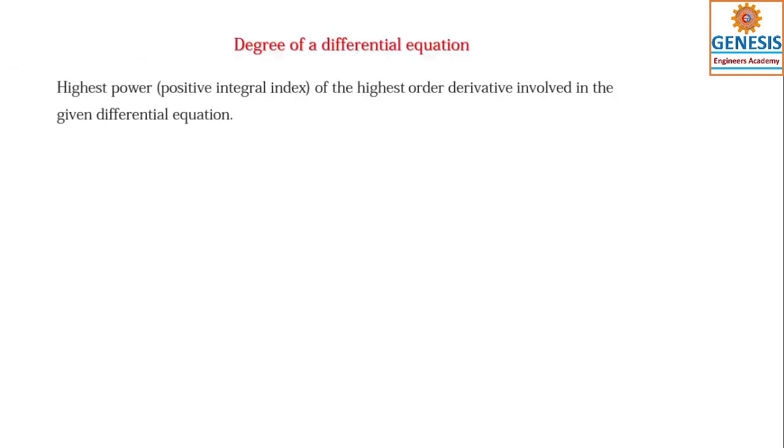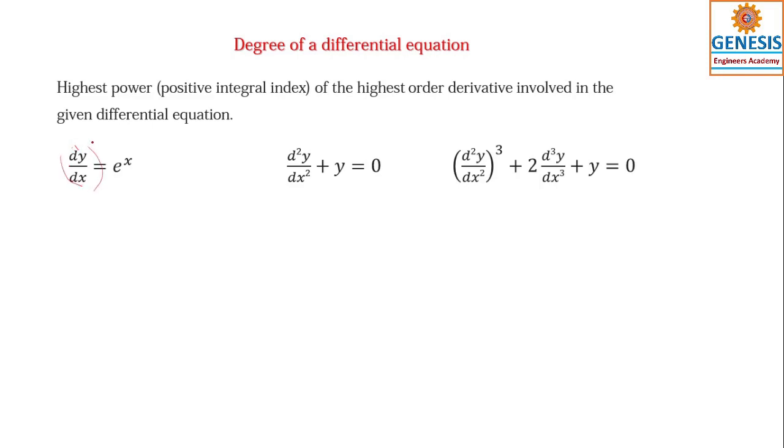Now I'll move on to the degree of a differential equation. The degree is the highest power, that is the positive integral index, of the highest order derivative. So you first have to find the highest order, then the index will give us the degree. Let us see the examples of the previous problems. In this, the highest order is 1 and its index is 1.